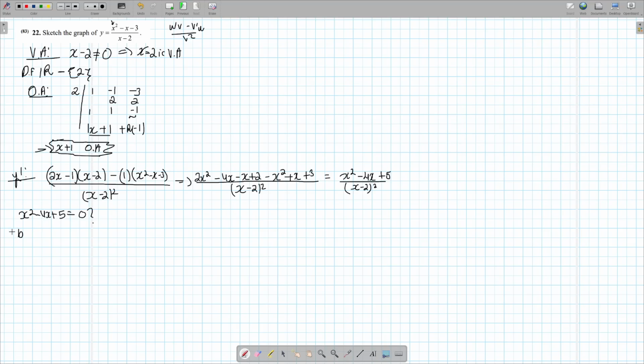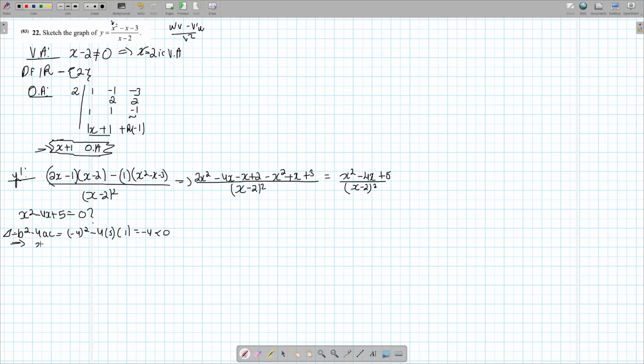Delta is equal to b squared minus 4ac, right? In this case, it's going to be equal to minus 4 squared minus 4 times 5 times 1. You're going to get 16 minus 20, which is negative 4, which is less than 0.